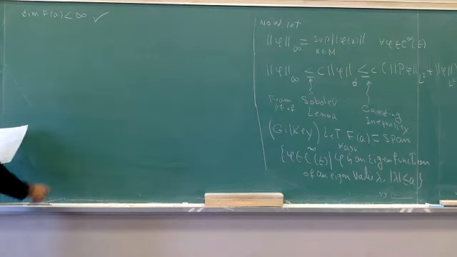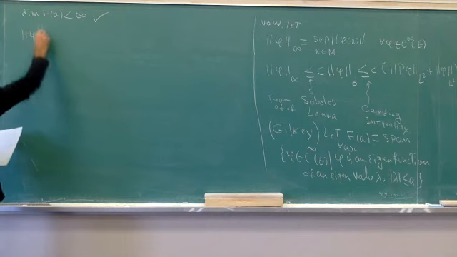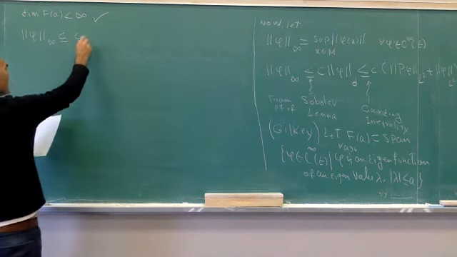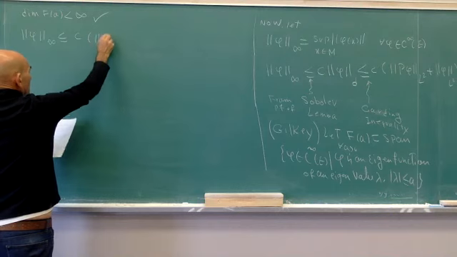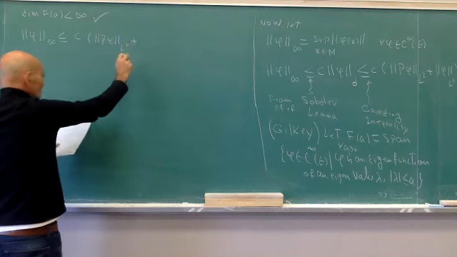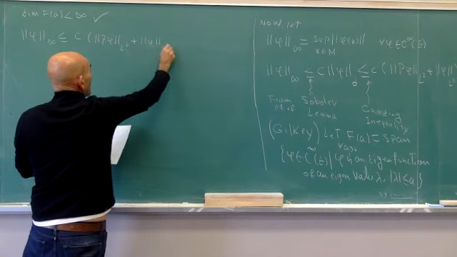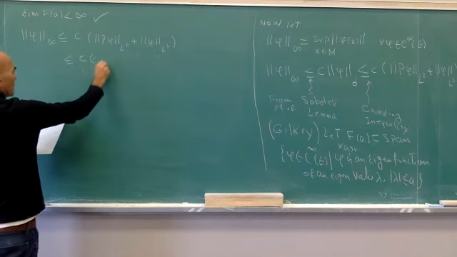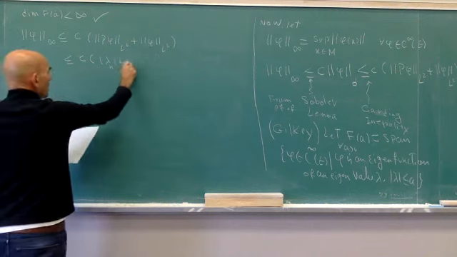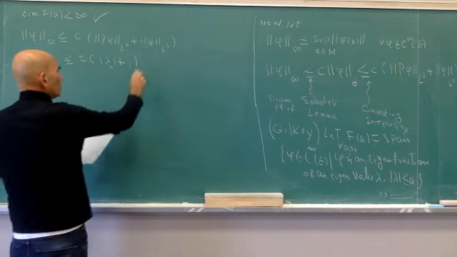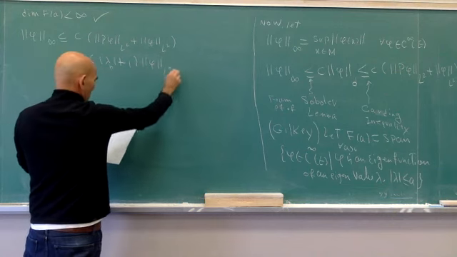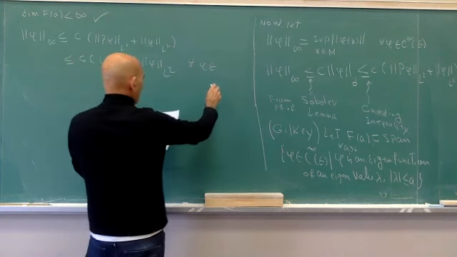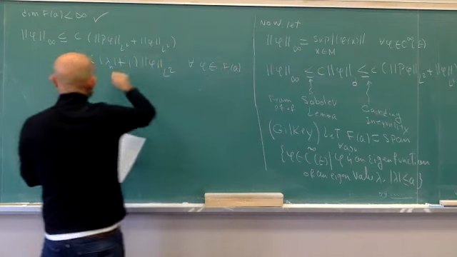We know that norm phi infinity is less than or equal to C times norm P phi L2 plus norm phi L2, so this is less than or equal to C times the absolute value of lambda n plus 1 times norm phi L2, for any phi belonging to F of A. Now, what is this n?